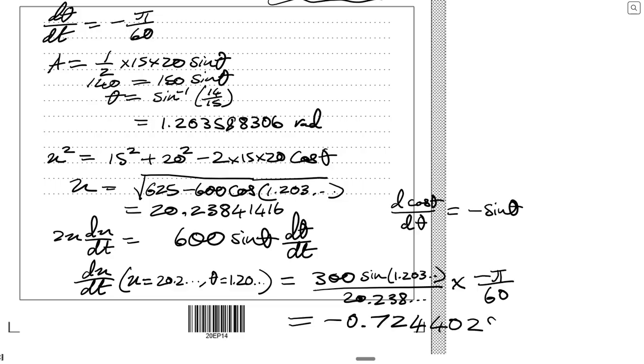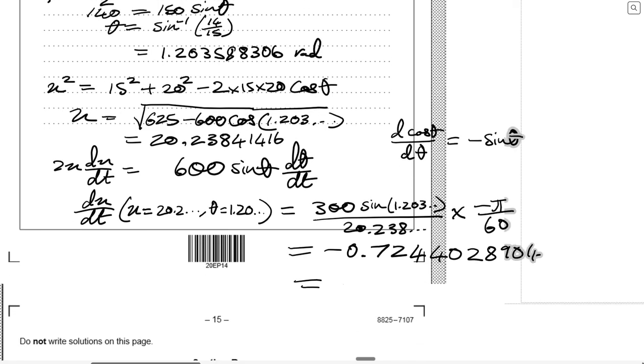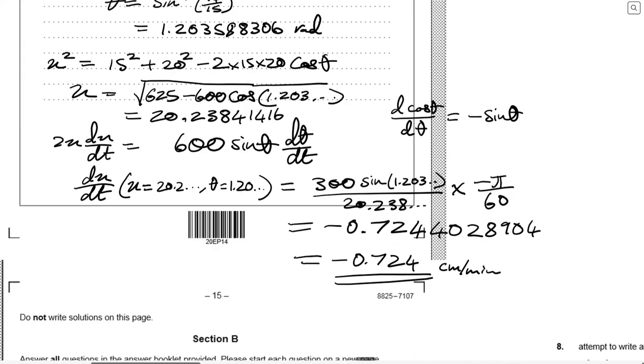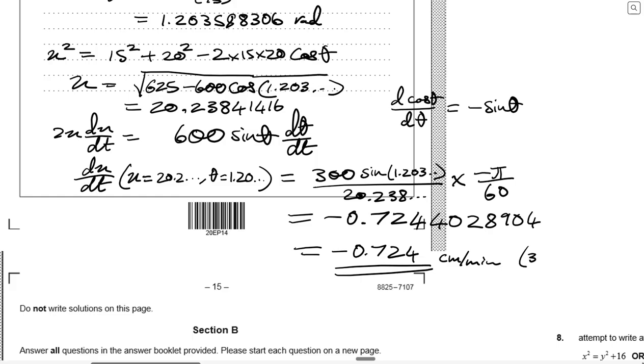And I'll just give you the additional numbers for you to check. And that is to 3SF 0.724, right? And what is that? cm per second, per minute, right? cm per minute, yes. 3SF. And that is our answer.